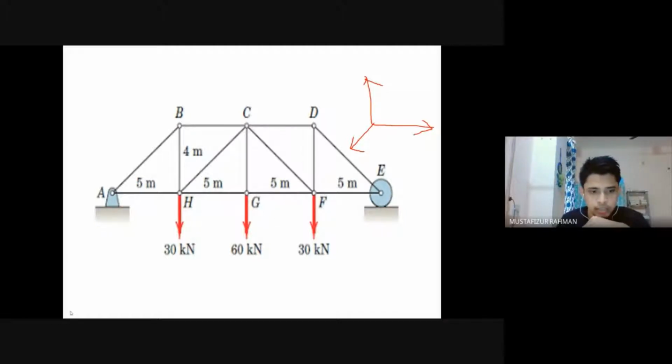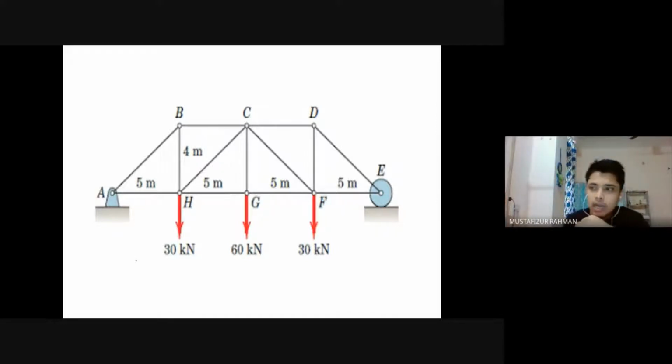Now after that, a little bit of member force. What happens inside the truss? The truss system will be used in bridges, maybe a railway bridge where a steel truss will be used, or maybe in industrial buildings. These are two very common examples where truss systems are used. So we know the external load that will be coming onto the truss system.